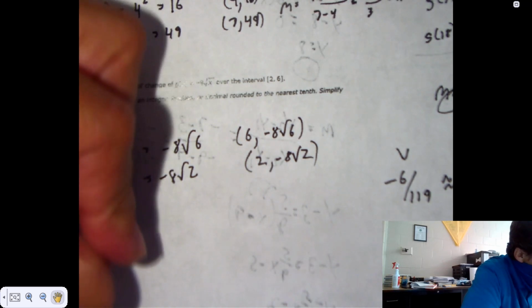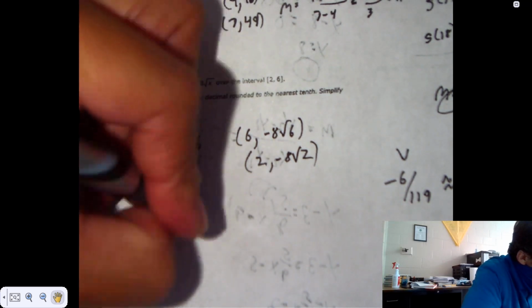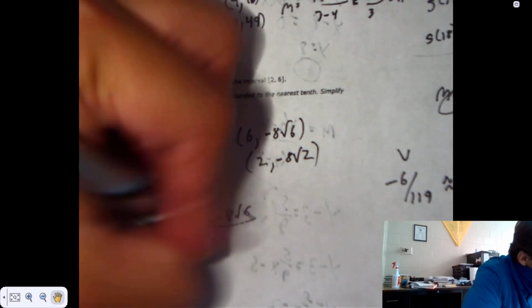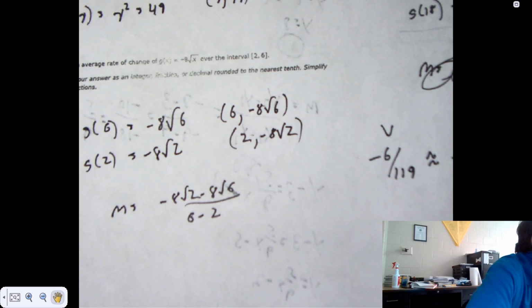Now you want to find your slope. You'd have negative 8 roots of 2 minus 8 roots of 6 over 6 minus 2. Is there anybody in this room who can do negative 8 roots of 2 minus 8 roots of 6 in your head? Huh? I thought it was a 6.